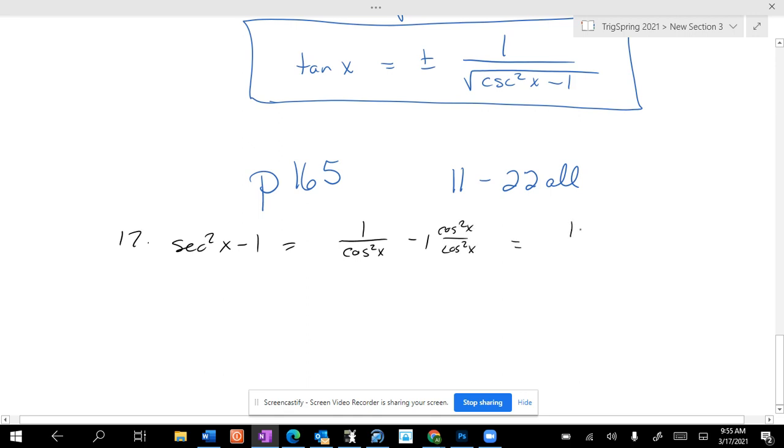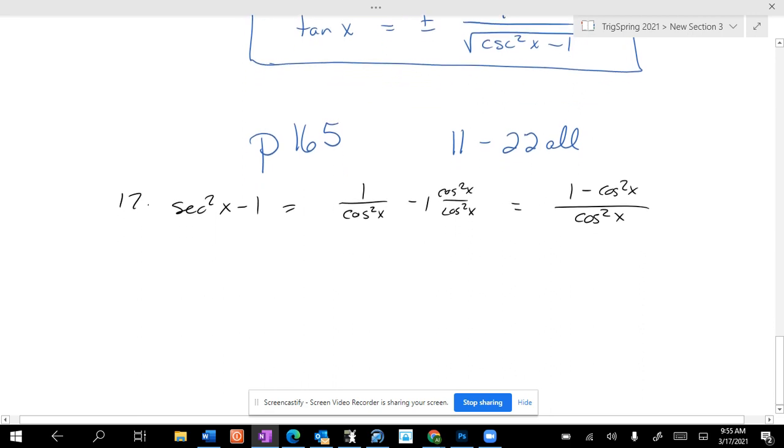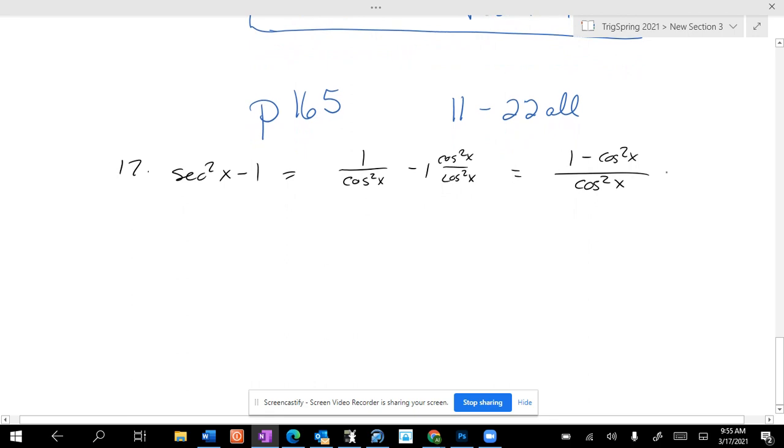We get 1 minus cosine squared of x over cosine squared of x. Okay? You go like that. If you wanted to, you could even go sine squared of x over cosine squared of x. Okay? Did you write it as tangent? Nope, because it's supposed to be in terms of sine and cosine. All right.